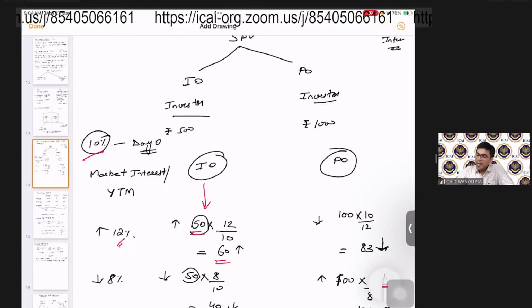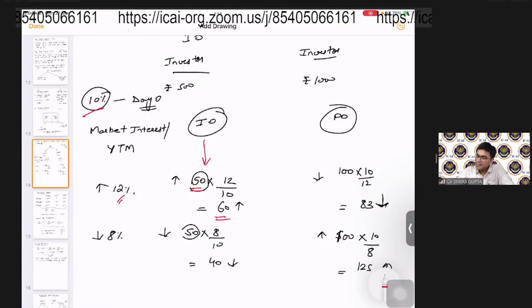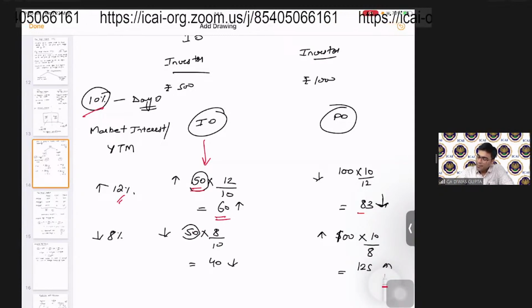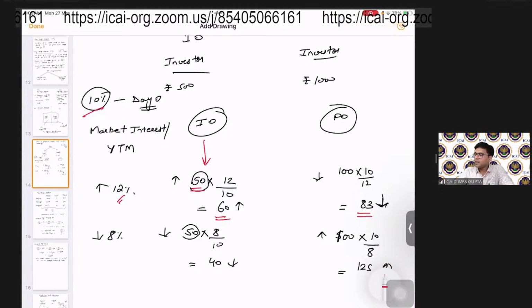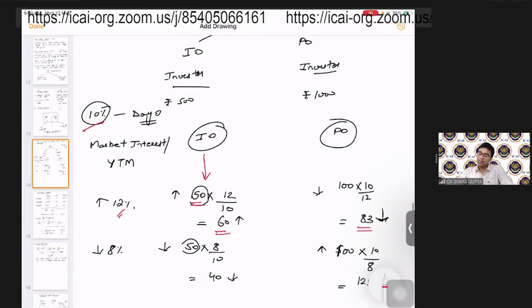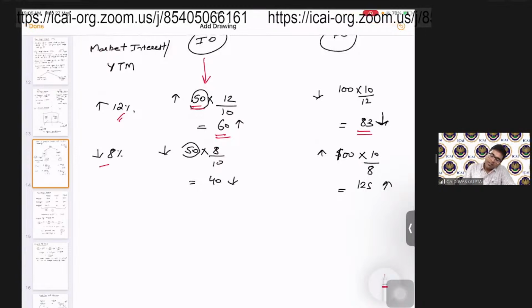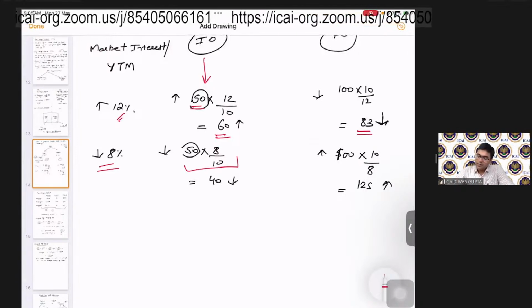Clear? And in case of principal only, the moment interest rate increases, the price will become lower. The simple reason is that the prices are inversely related to the interest rates for the principal amount. Similarly, if the interest goes down to 8%, then also the same thing will hold true.